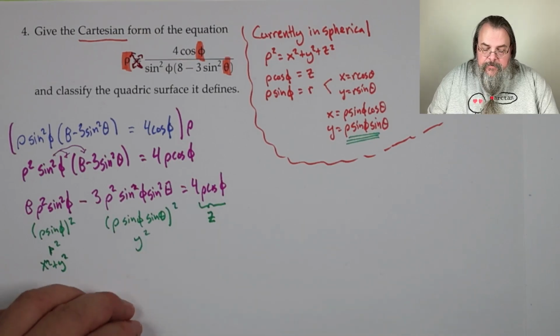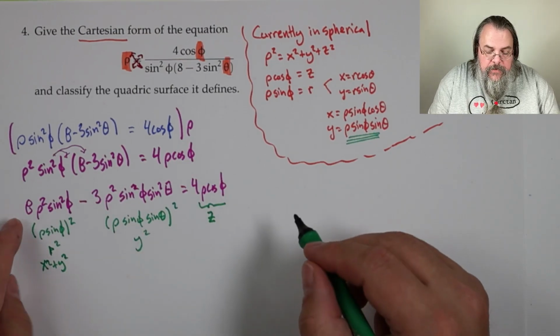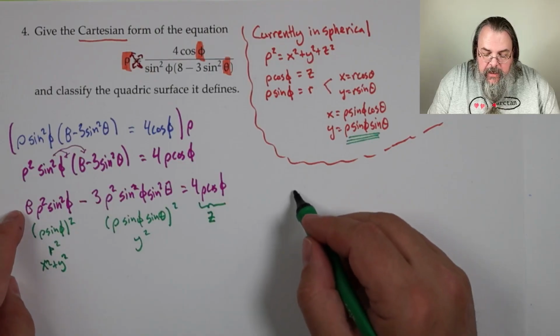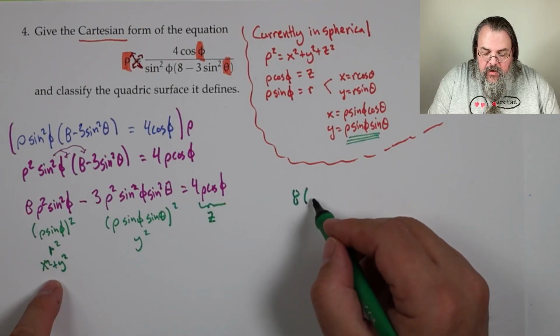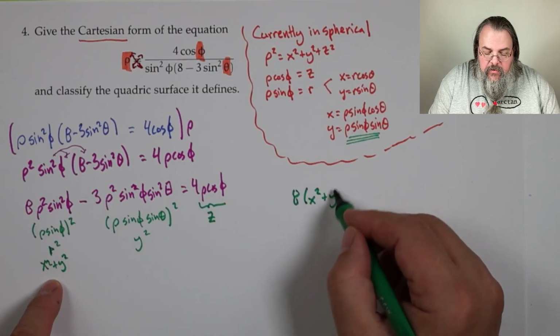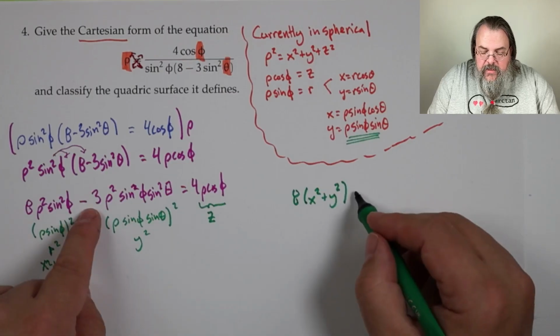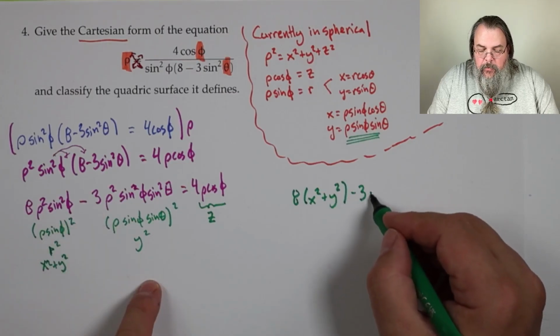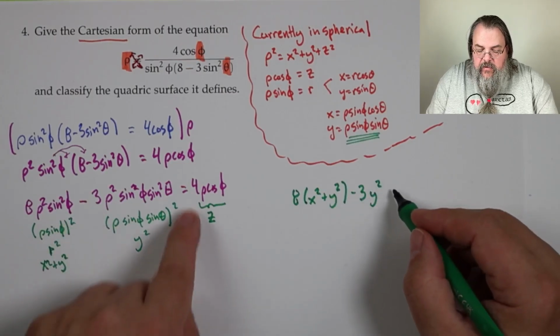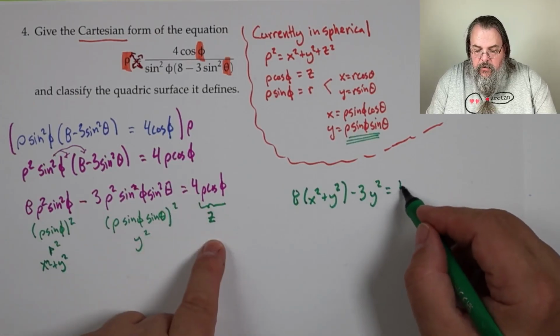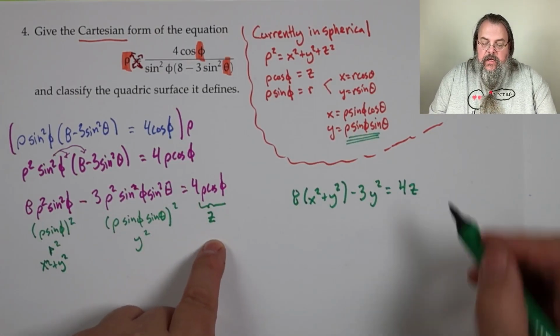So what do we currently have? We have 8 times x squared plus y squared, minus 3 times y squared, is equal to 4z.